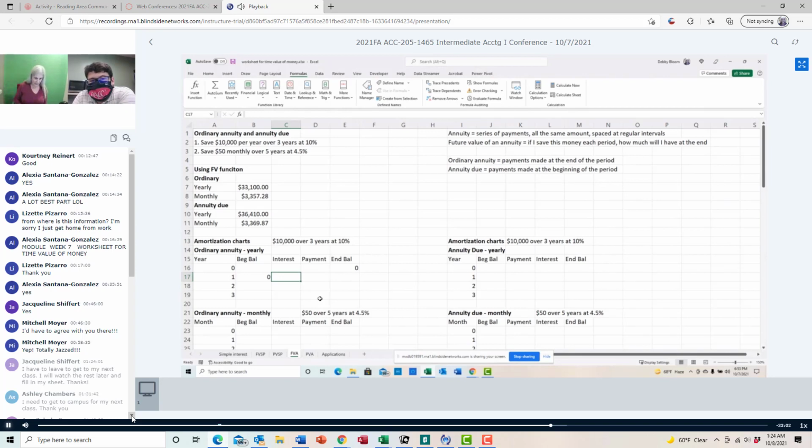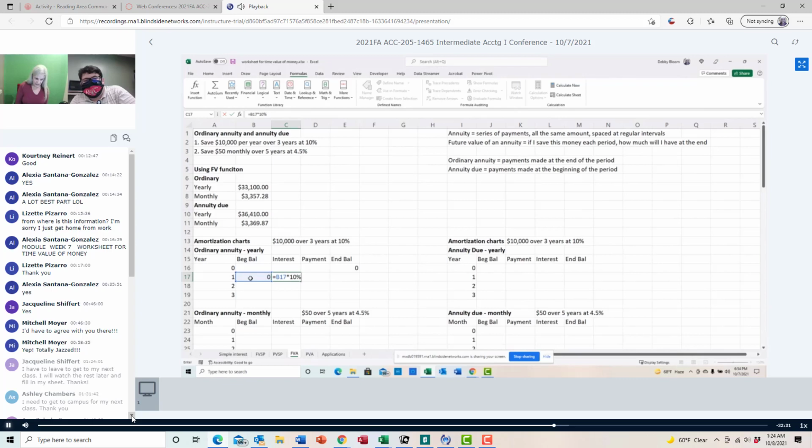So in cell C17, because it's 1 year or less, we're going to use the basic interest formula to calculate interest. I'm going to take whatever is the beginning balance, so I'm going to type an equal sign and click on B17. Then I'm going to increase it by the interest rate, 10%. And then I have to divide by the number of compounding periods in 1 year.